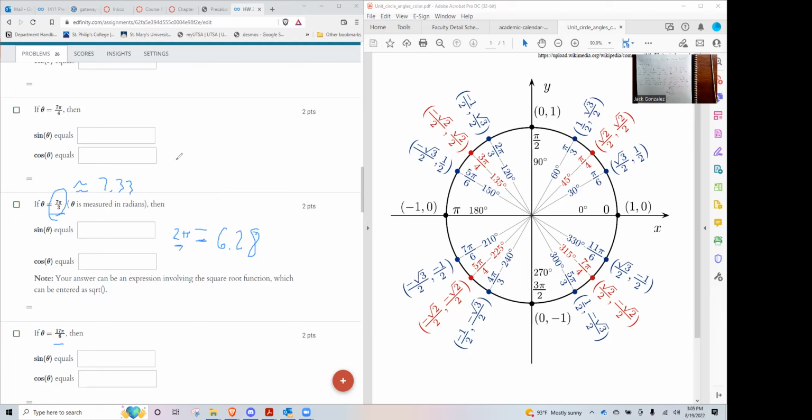So what you would do is take 7 pi thirds. Since we know it's bigger than this whole circle, just like the last section, we subtract 360. Same thing, subtract 2 pi. And then the answer that you get, you should be on the circle. Now, if you don't like doing the fraction stuff and you hate the radians, you can always convert this to degrees and then subtract 360 instead.